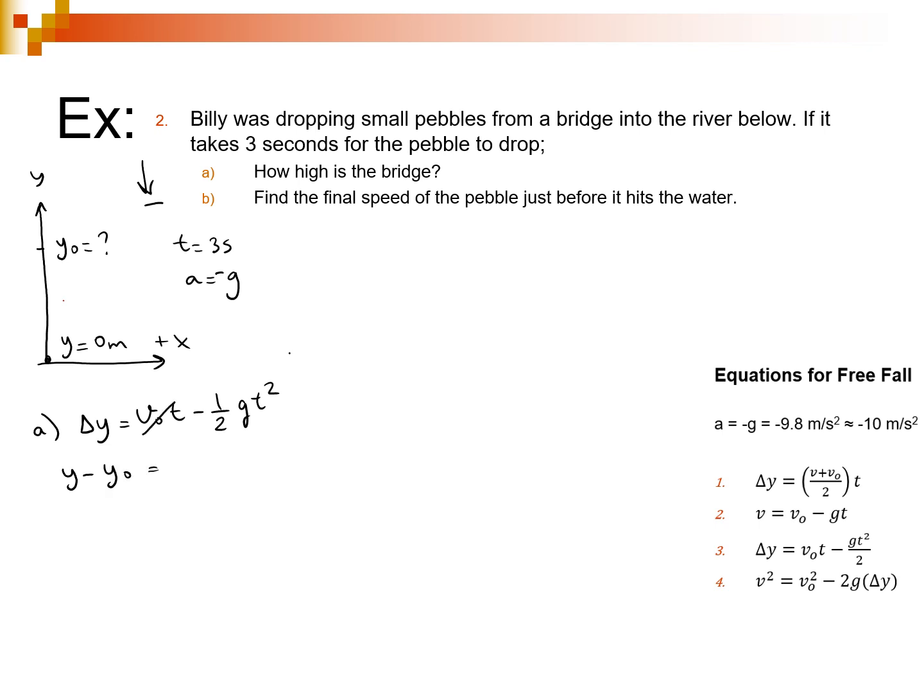Original speed is 0, negative 5 times 3 squared. Therefore, negative y original is equal to negative 45. So y original is 45 meters.